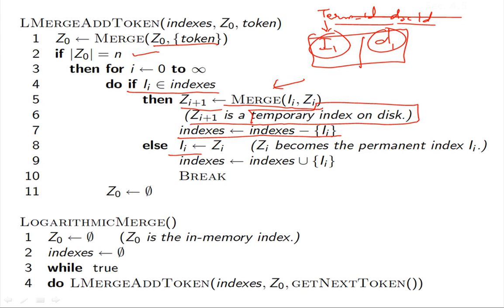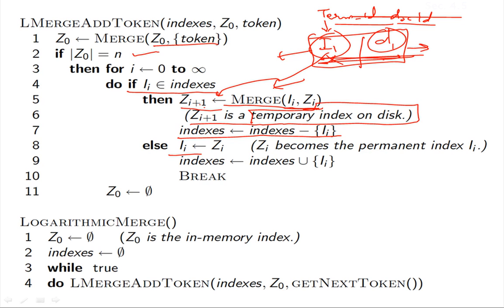Now, suppose the size is too large in the auxiliary list, then what to do? If I1 already exists on the disk with index Zi+1, then merge this list with that one, remove that, and reduce the space.